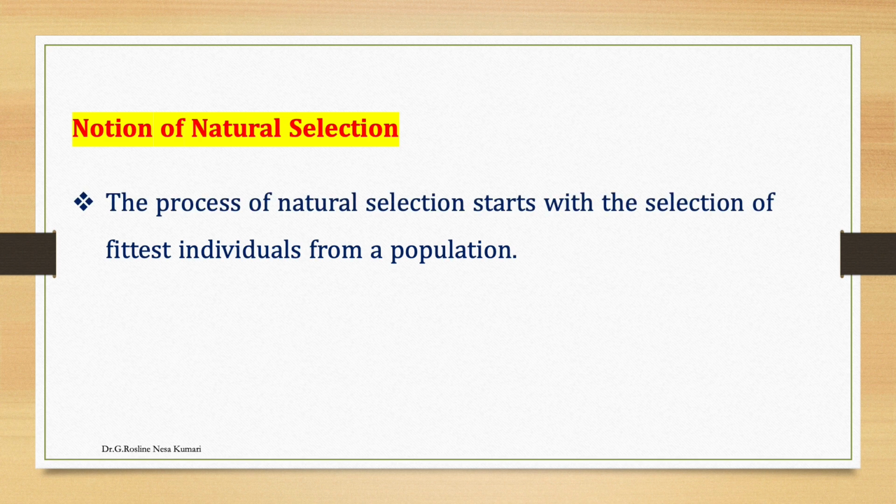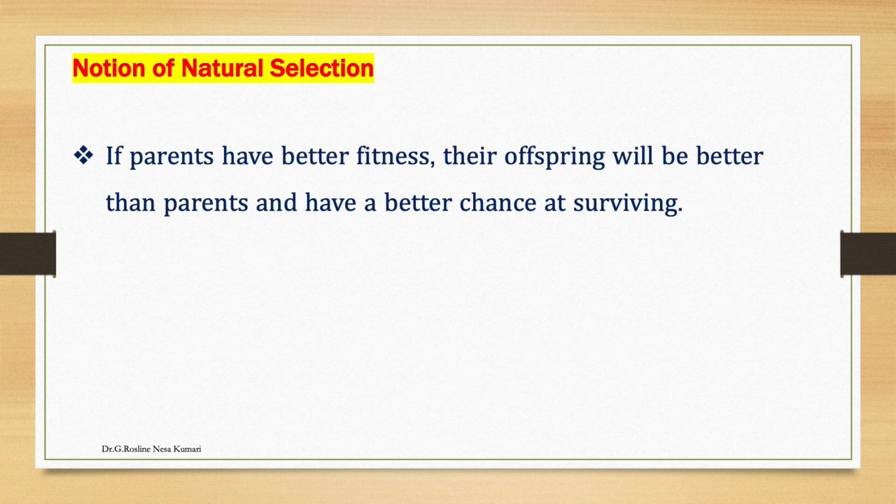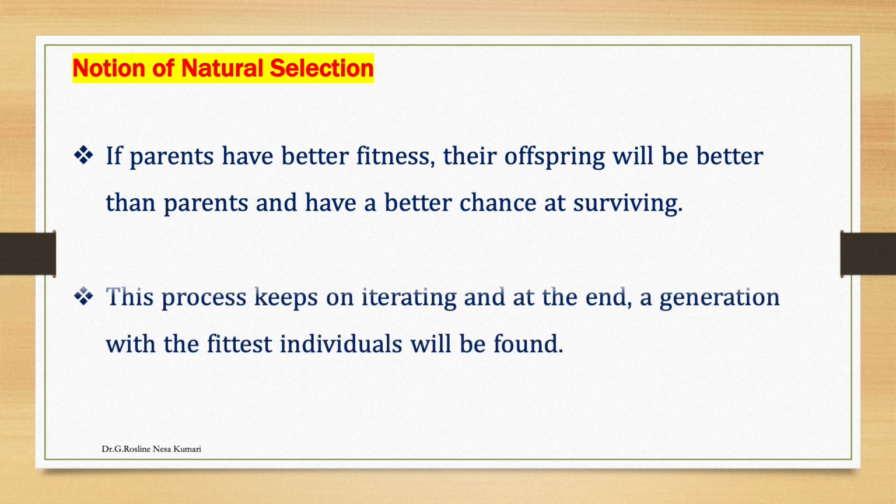The process of natural selection starts with the selection of the fittest individuals from a population. They produce offspring which inherit the characteristics of the parents and will be added to the next generation. If parents have better fitness, their offspring will be better than the parents and have a better chance at surviving.